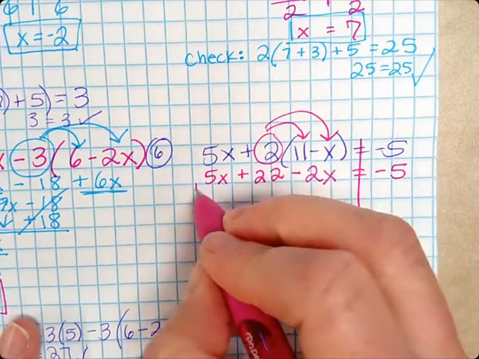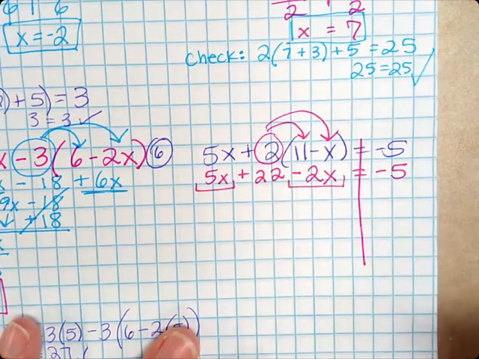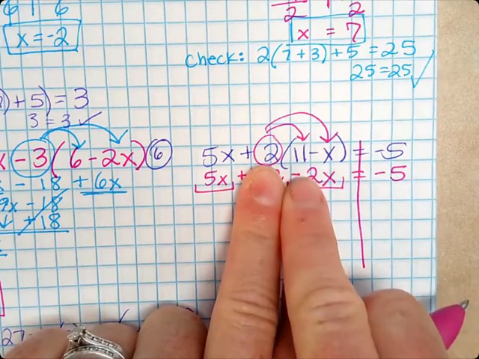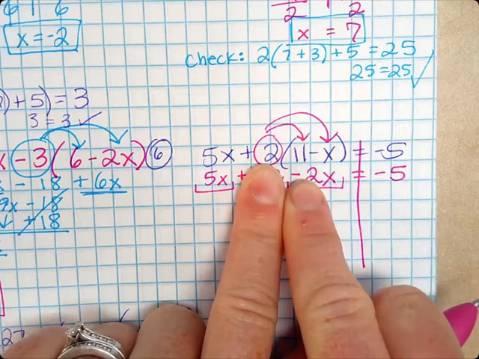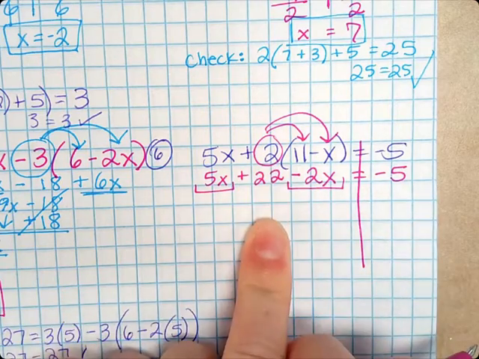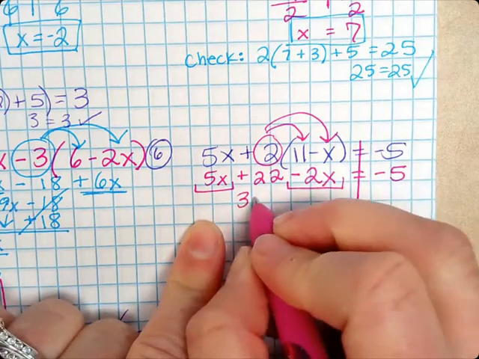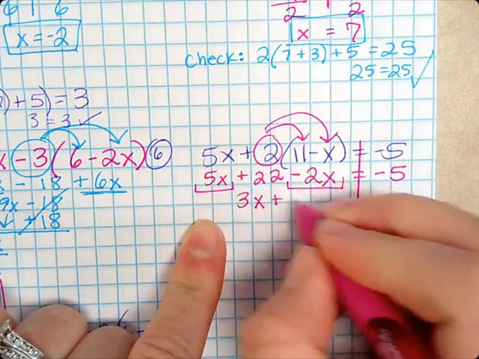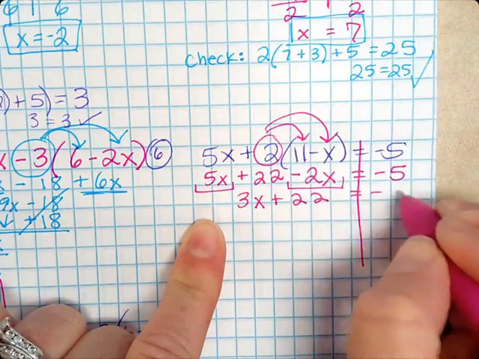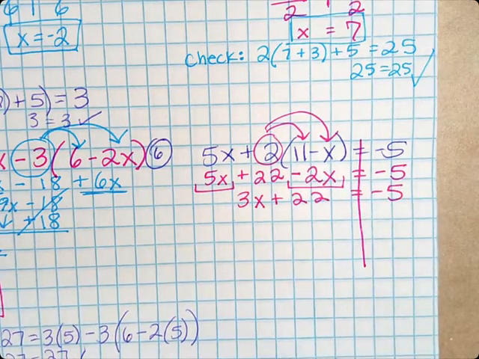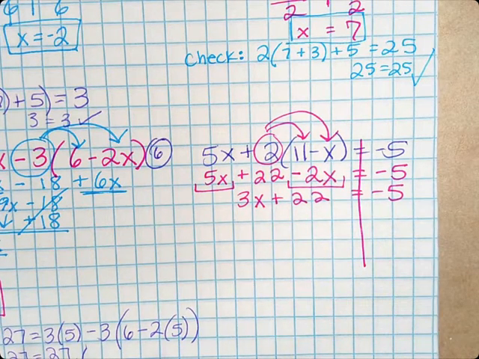Combine your like terms. So that's a 5x. We can ignore the plus 22, and then we have a minus 2x because you take the sign that's in front of it with it. 5x minus 2x is 3x, plus 22 equals negative 5. Now it's one of the simple problems.